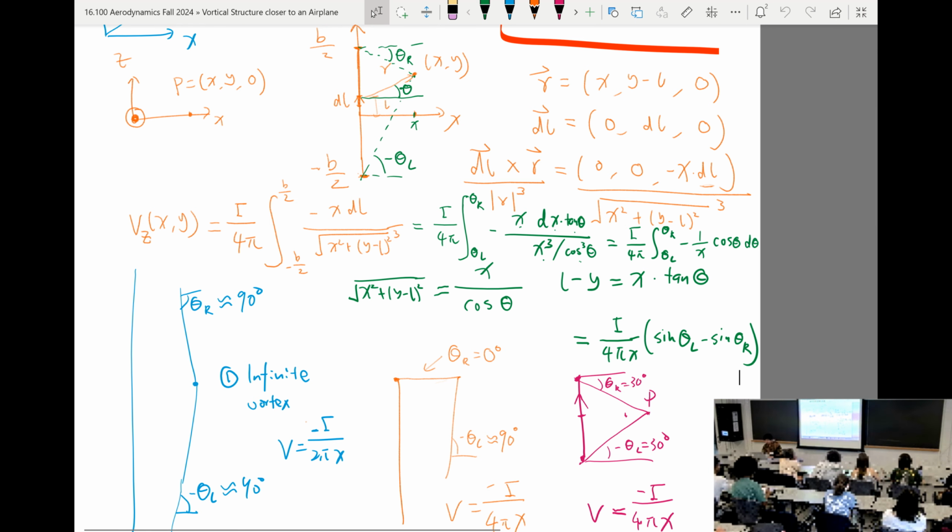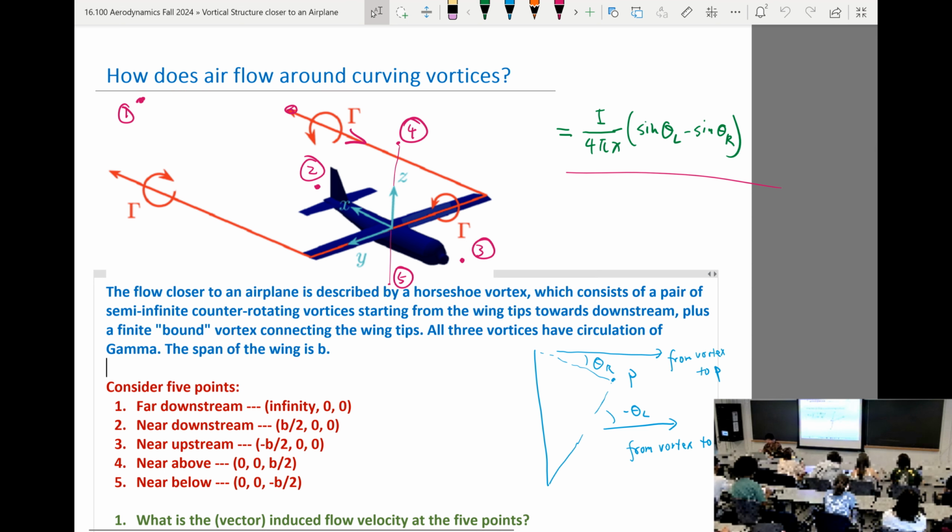Let's spend the remaining part of the lecture doing some exercises. So imagine again I have this airplane here, and the flow near the airplane is described by this 3-segment vortex. We call it a horseshoe vortex.